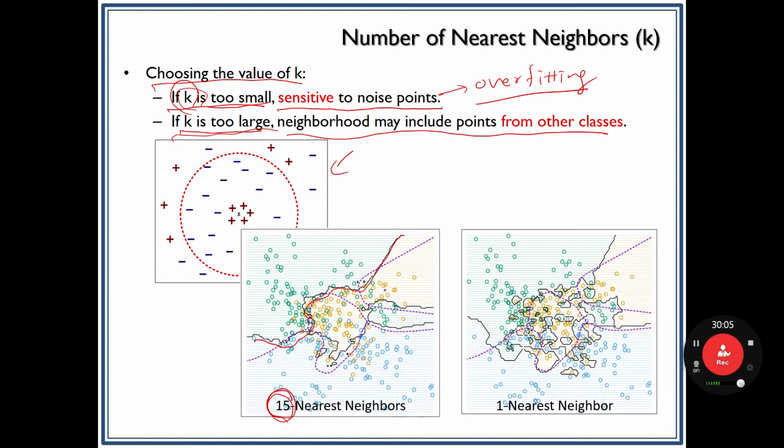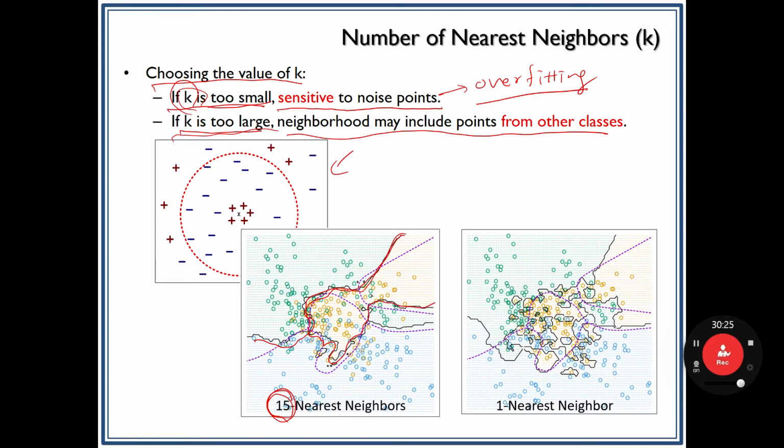For example, the green colored area is the area for the green class, the blue colored area is the area of the blue class, and then this area is the yellow class.